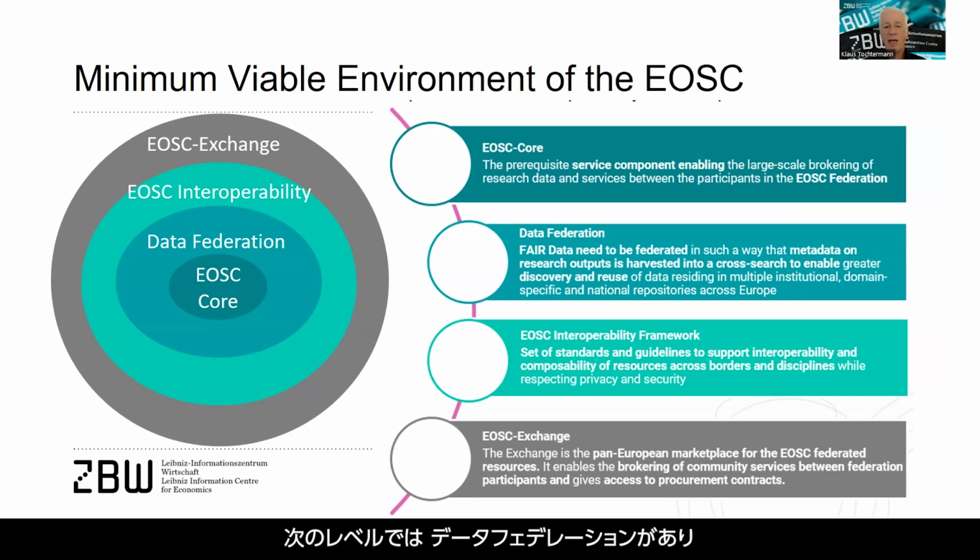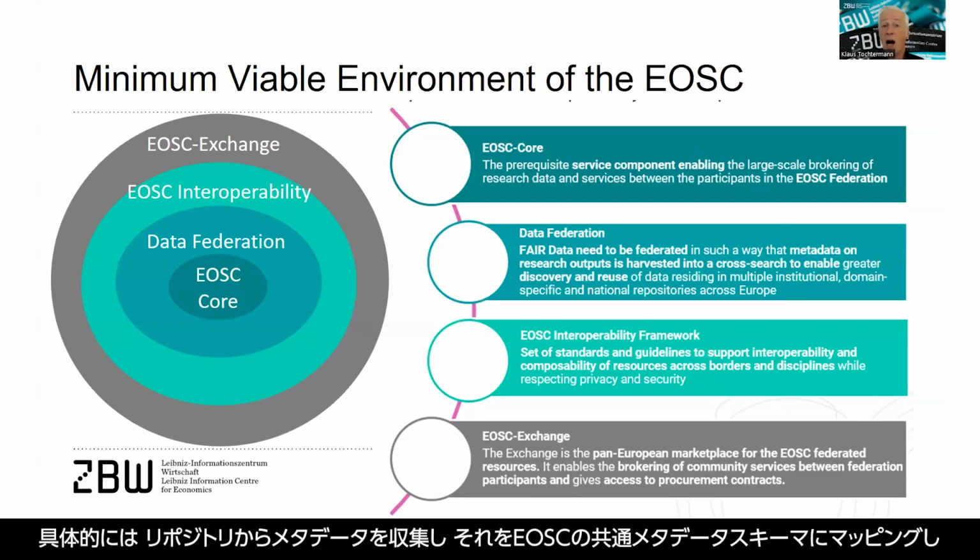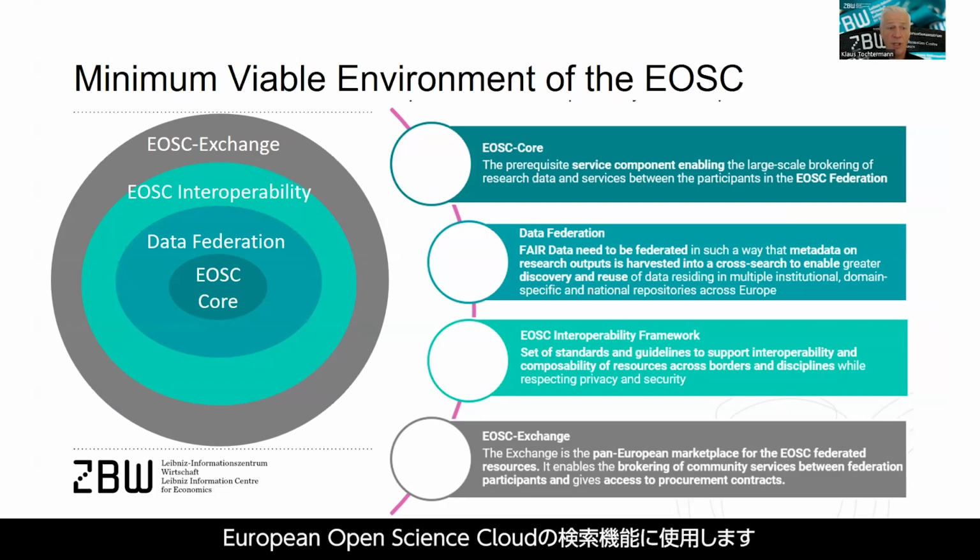At the next level, we have the data federation. That is the component where all the data from the connected repositories will be federated. That means we will harvest the metadata from the repositories and map them onto a common metadata schema of the EOSC, which is then used for the search feature of the European Open Science Cloud.